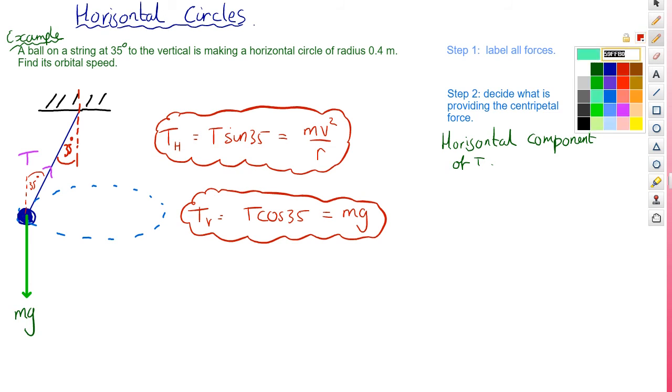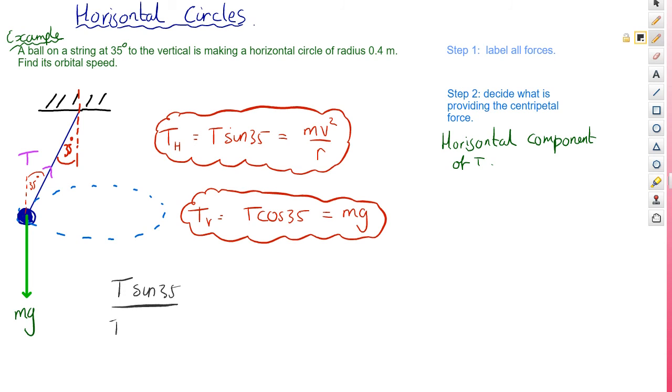Now we can do a bit of work eliminating things and see what comes out. Mathematicians would have spotted a sneaky thing we can do. A very nice tip for these kinds of questions is to divide the equations. If I divide the top equation by the bottom equation, then dividing the left-hand sides gives us T sine 35 over T cosine 35, and dividing the right-hand sides gives us mv squared over r divided by mg.